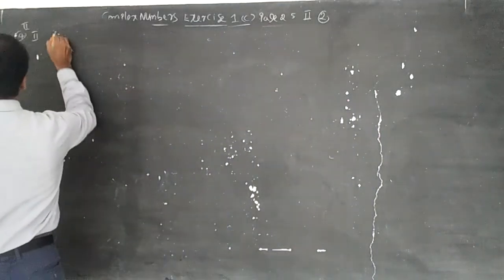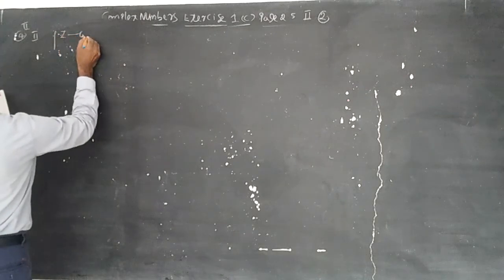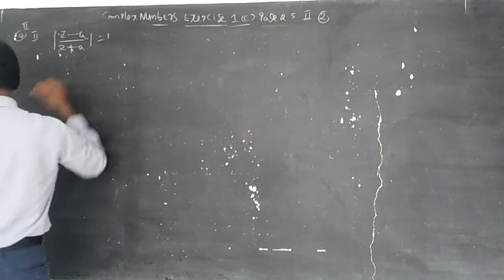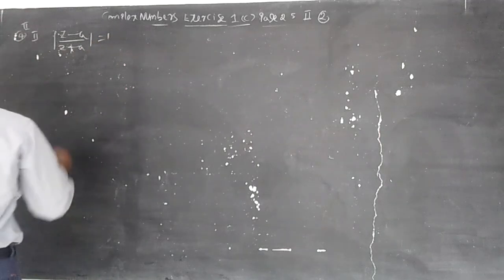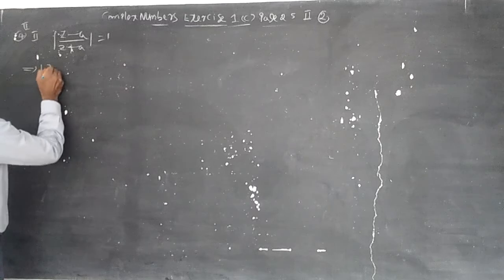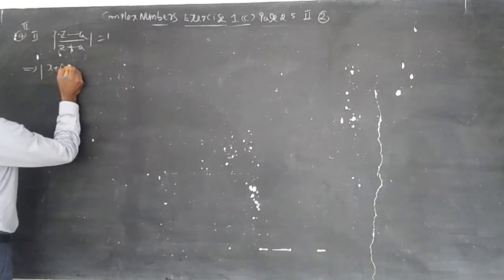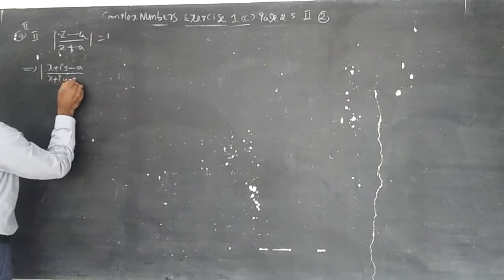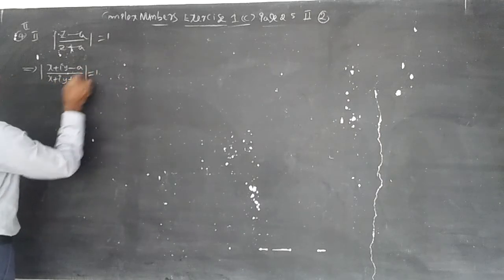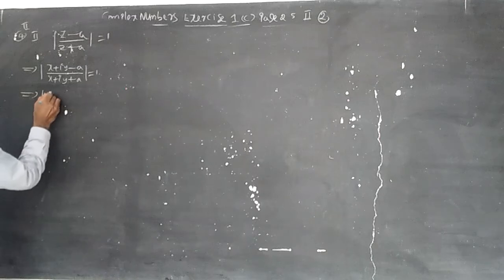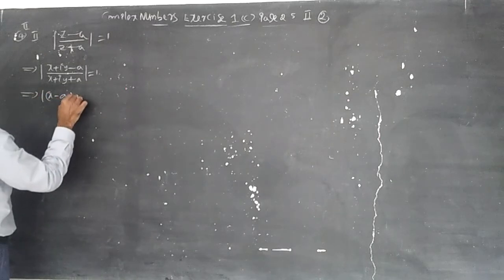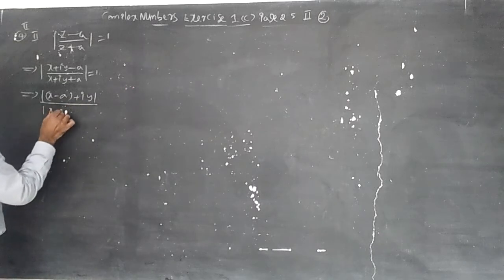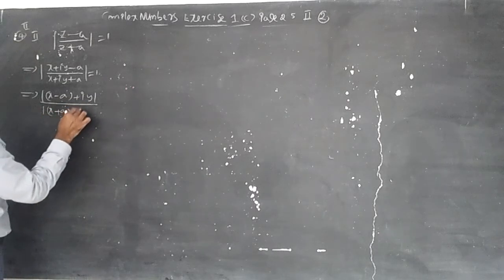Easy question. Modulus of z minus i by z plus i is equal to 1. You can write directly here x plus iy minus i by x plus iy plus i is equal to 1. That implies x minus a plus iy whole by x plus a plus iy.